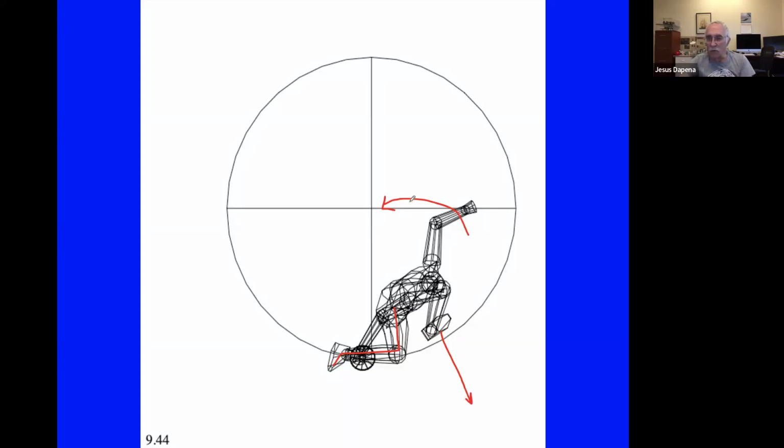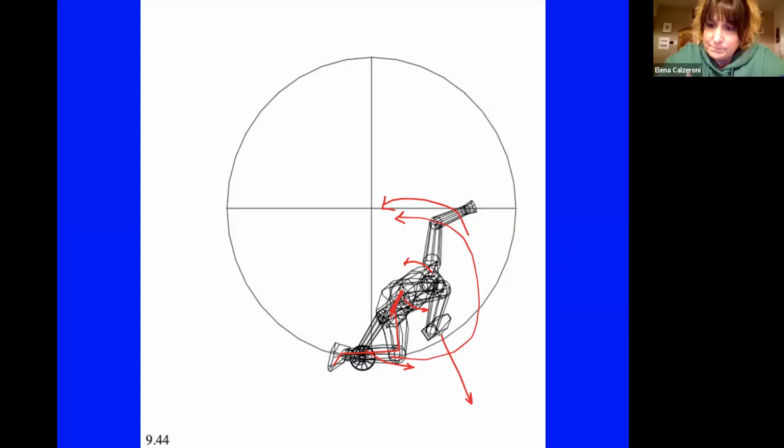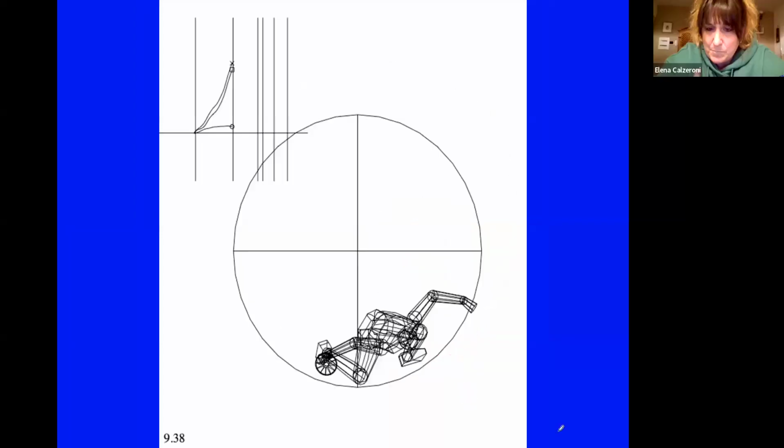The left arm will be thrown this way. The shoulders will be thrown this way. The discus arm will also be thrown this way to some extent, but also the right leg will go around. And as a result, the hips will rotate much more slowly, and that will increase this force.